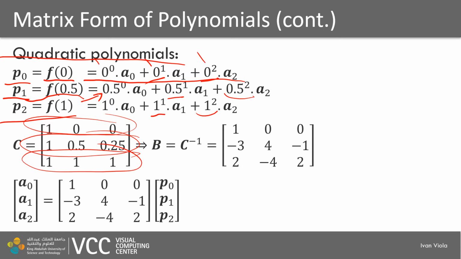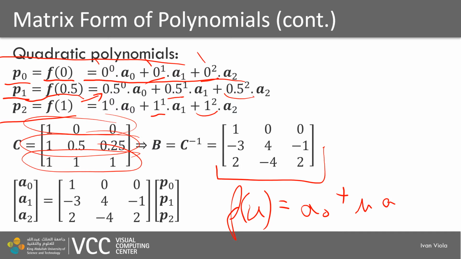We invert it again, get the constraint matrix inverted into the basis matrix, and this basis matrix we can then use for calculating our coefficients. And by that, we will obtain our formula F(u), where we will have the coefficient A0 plus U times A1 plus U squared times A2.